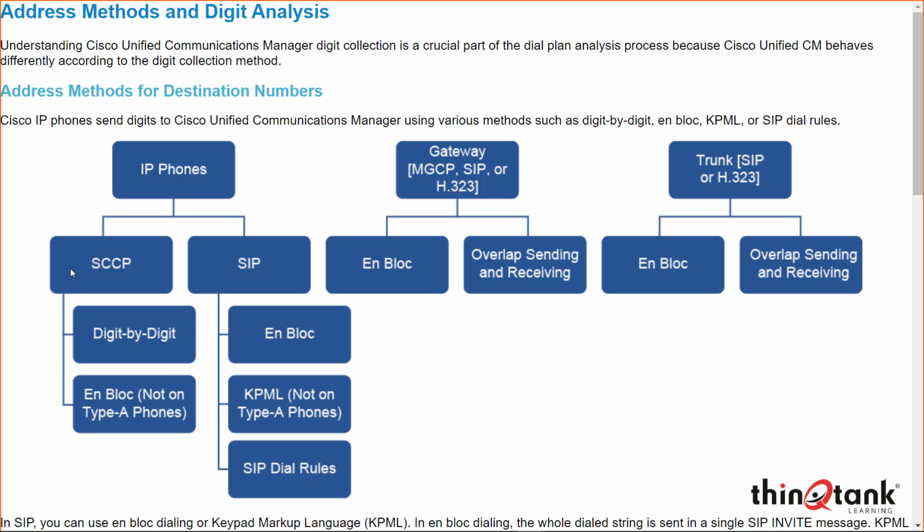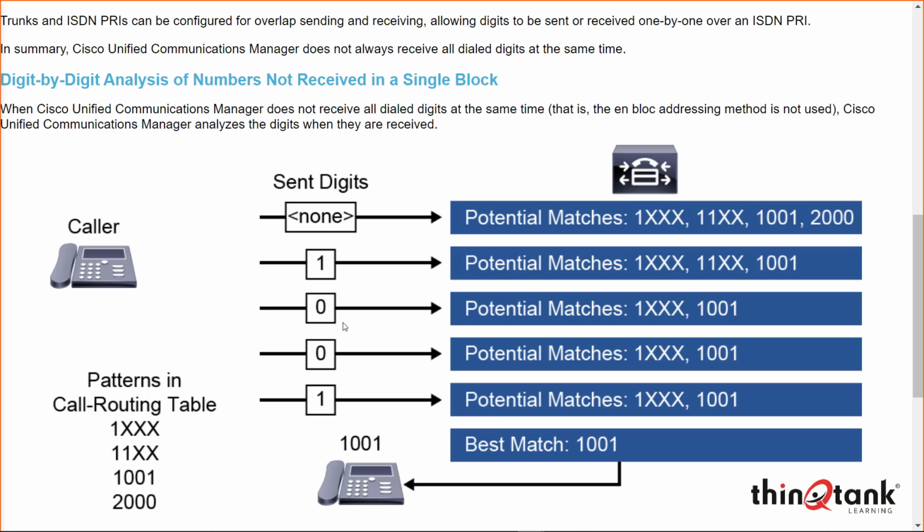Let's talk about the digit by digit analysis. Here we have Call Manager. We know Call Manager doesn't receive all the dialed digits at the same time in this particular case. So this is what I was describing previously, when I said Call Manager is going to search through the search space and then eliminate patterns as it receives additional digits. Initially we have these 4 patterns available within our search space.